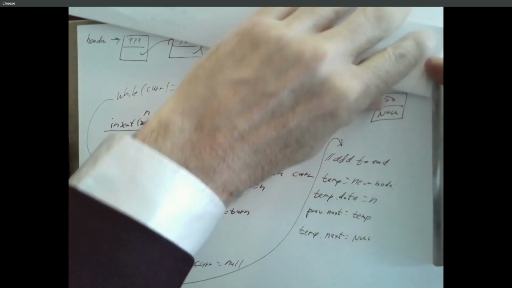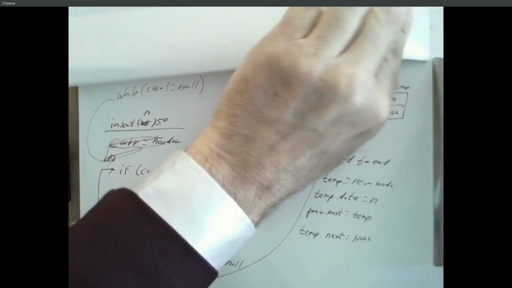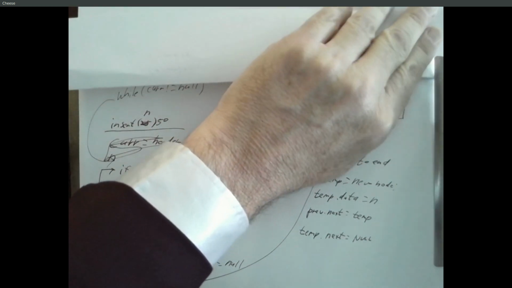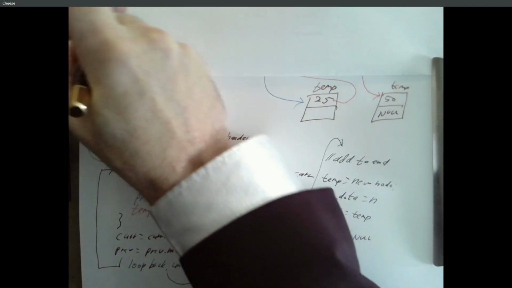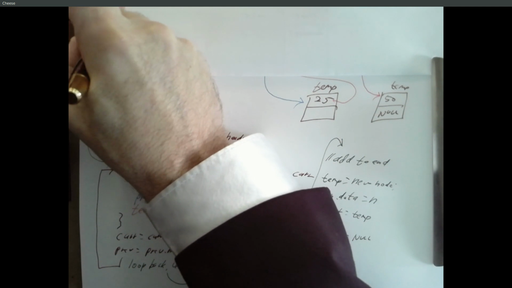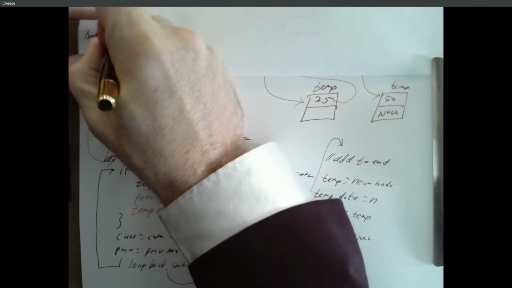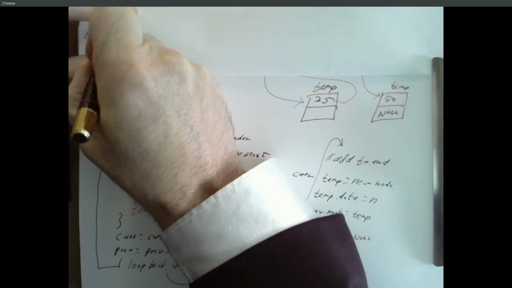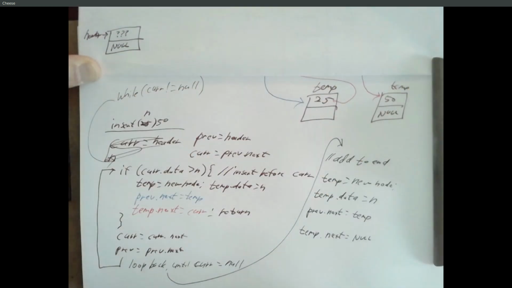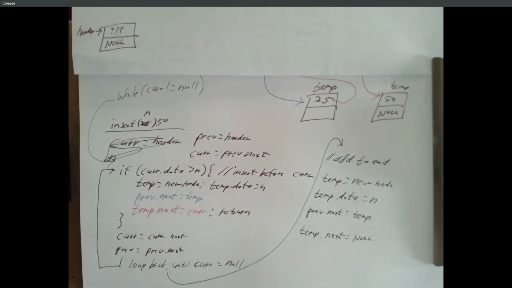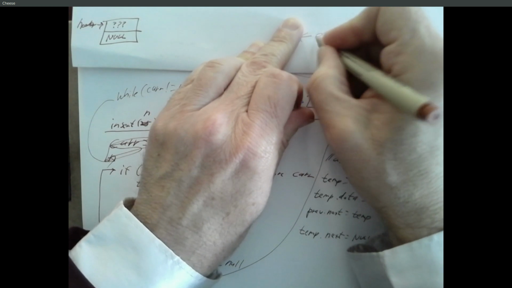And you're always going to start with that edge case because your initial list after you call initialize is empty. So let's just look at that one edge. So our header is 0, points to the sentinel. It's got some unknown data value. And the sentinel's next field is null. So this is an empty list.